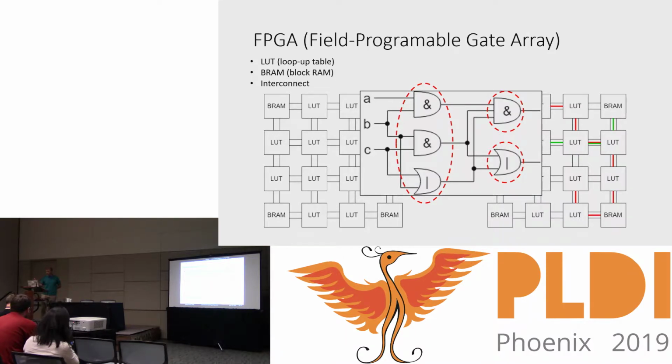So each circle here can represent a single lookup table that maps the ABC inputs to the three output values or wires. And by programming the interconnect, the signals would propagate to the next functions and lookup tables.